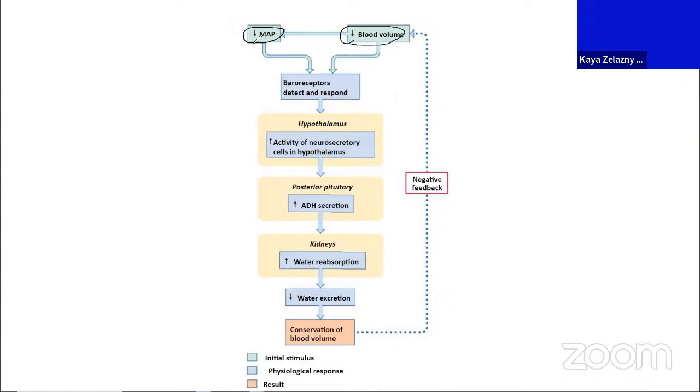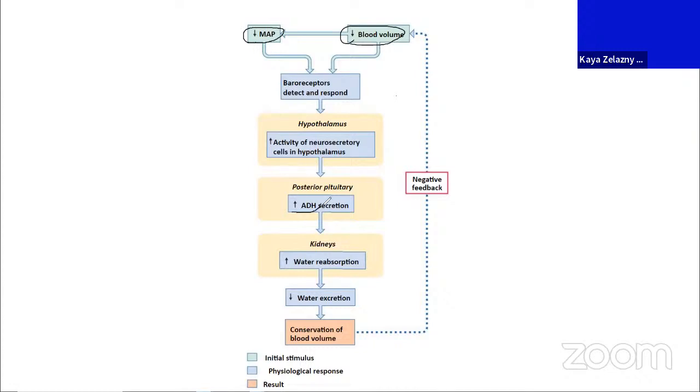So you'll have a low mean arterial pressure. Okay. And this is something that we can react to. So we have our baroreceptors, so pressure receptors, volume receptors. Okay. And they're going to detect and respond. So they're sending a signal up to your brain, sending a signal to your hypothalamus. So the hypothalamus is then going to do the same thing it did in our previous flow chart.